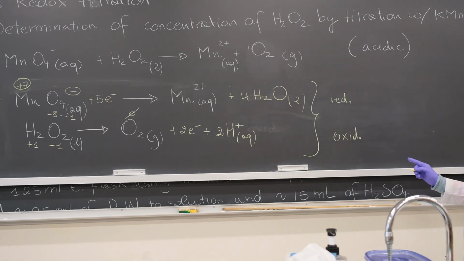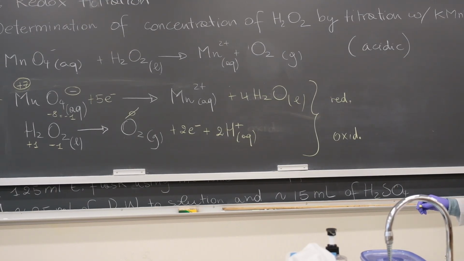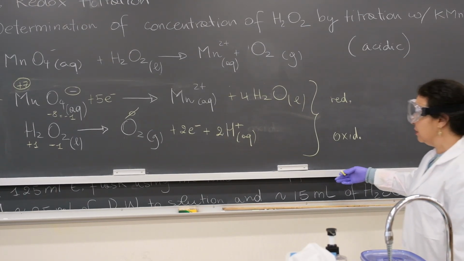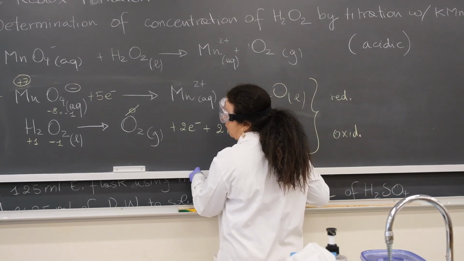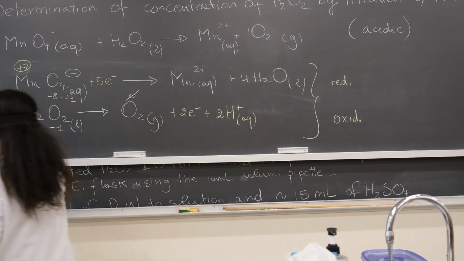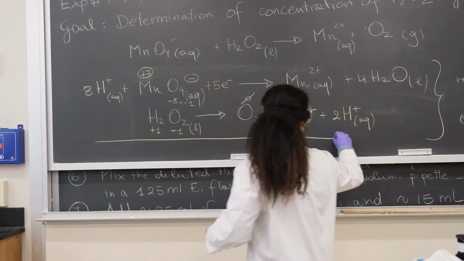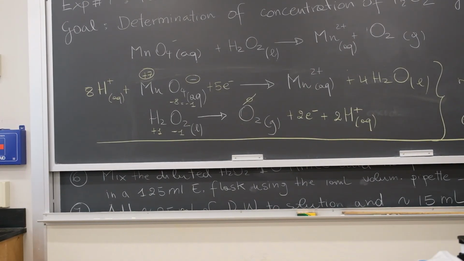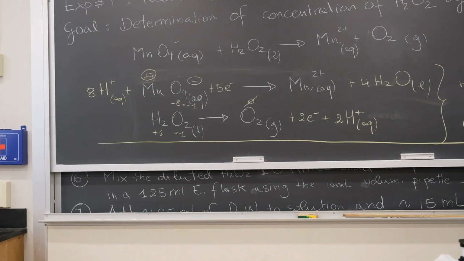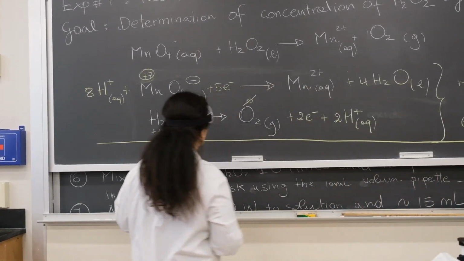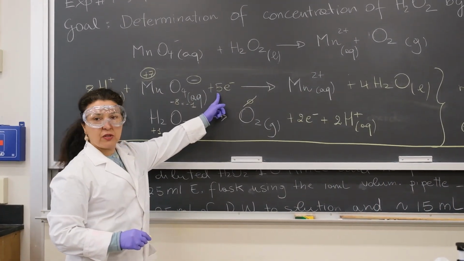What we're going to do is add together the 2 reactions, similarly to what we do in Hess's law when we add the complete reaction. We've seen that before. In order to do that, we have to balance the number of electrons on both sides.